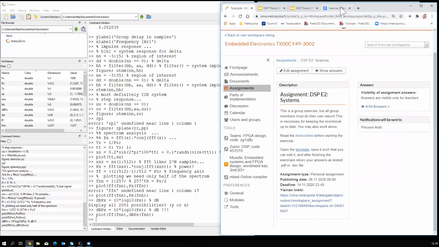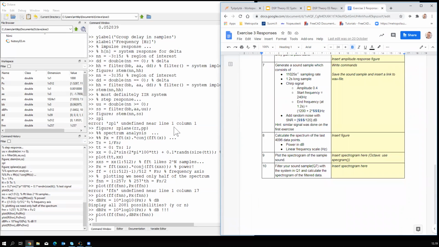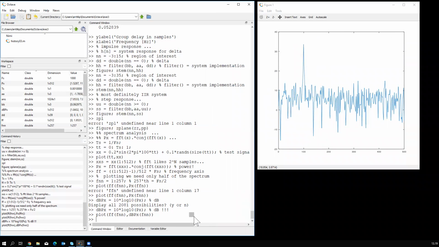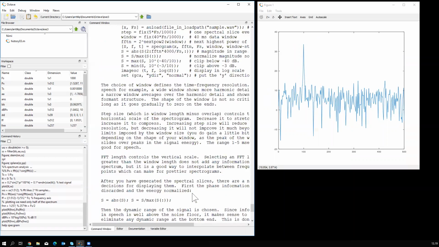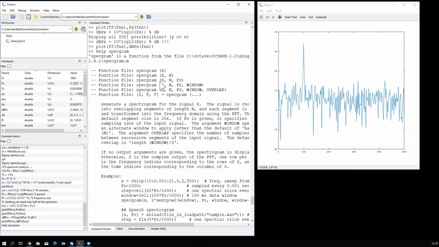It was just the theory last time. If you are using MATLAB, the function is called spectrogram, and you use it something like that.